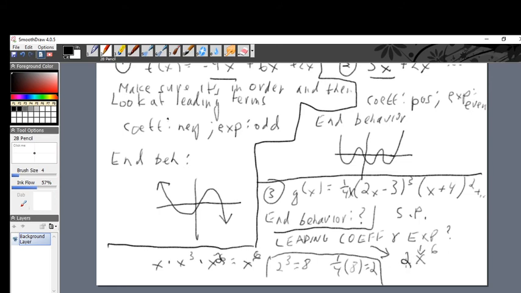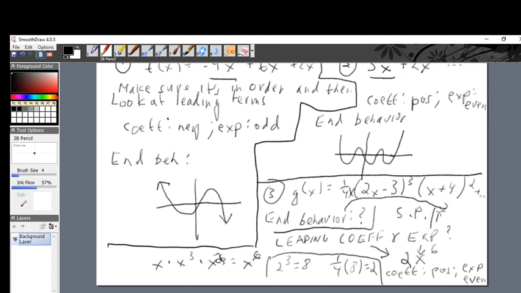So therefore the coefficient is positive, and the exponent is even. So end behavior, that's the question.